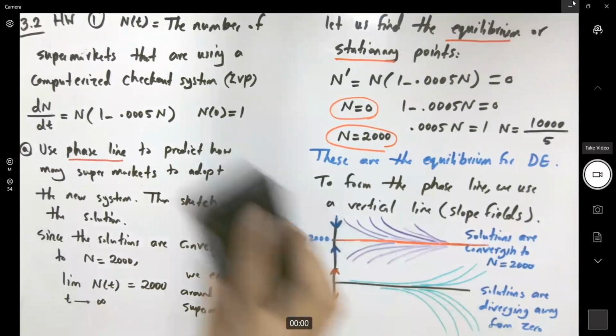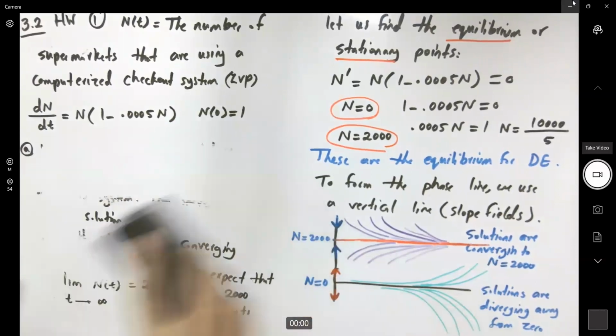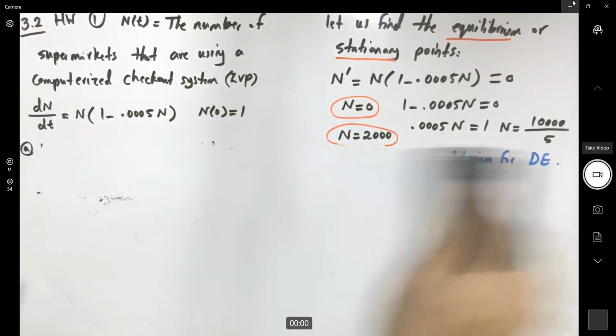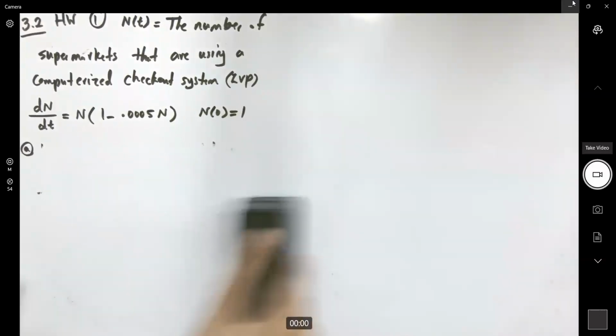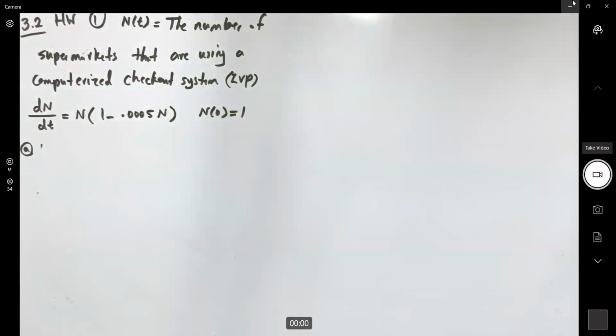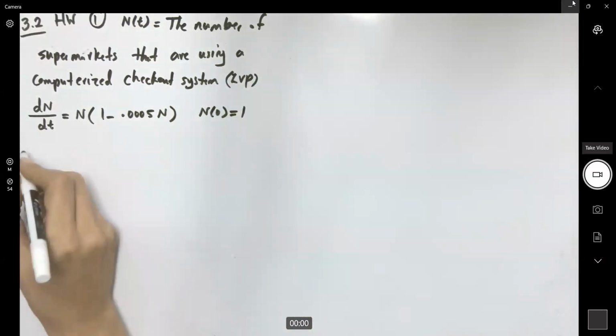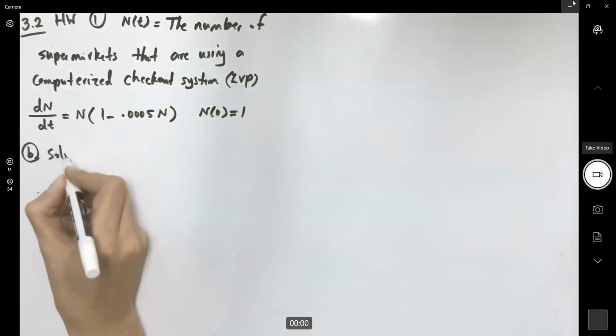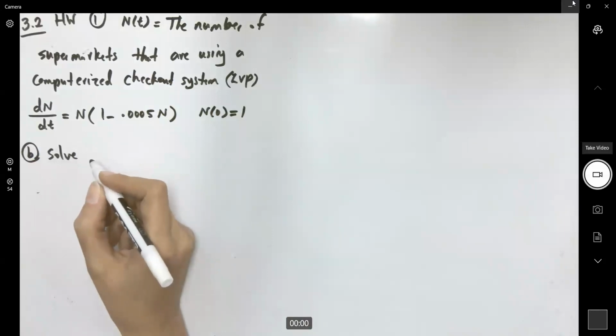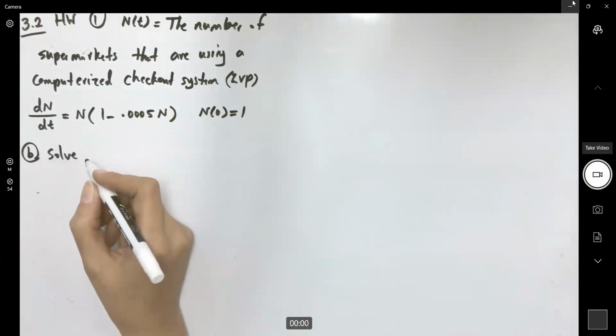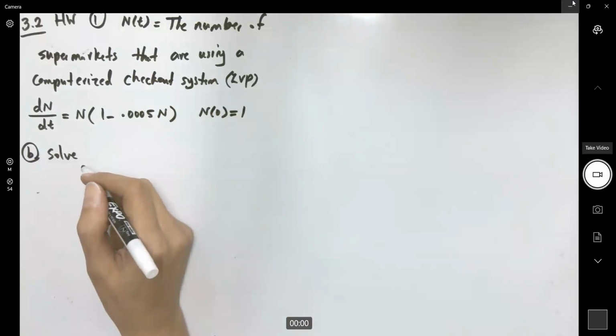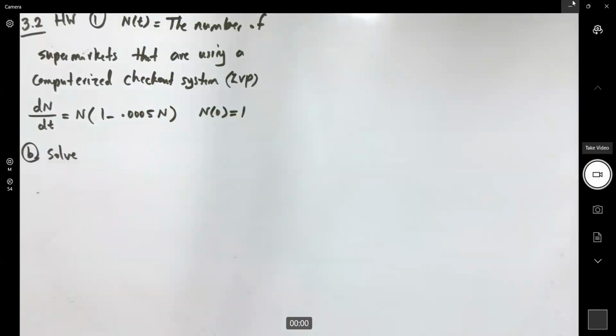Okay, let us erase this and write down part B. Part B says, now solve this differential equation and compare your answer with the one that you got from A, and how many companies are expected to adopt the new technology when t is equal to 10.